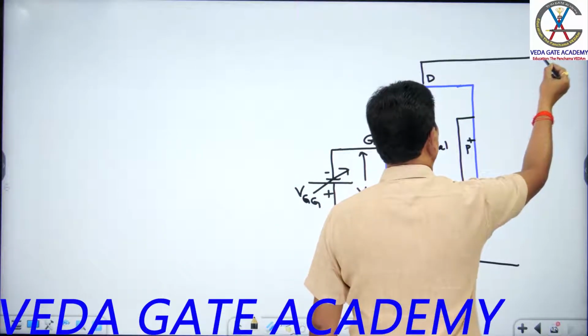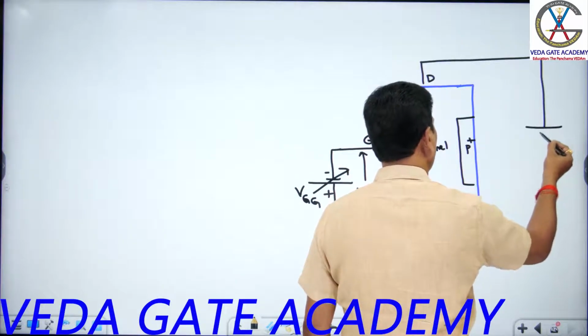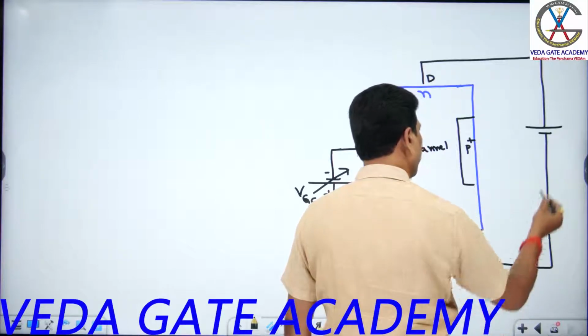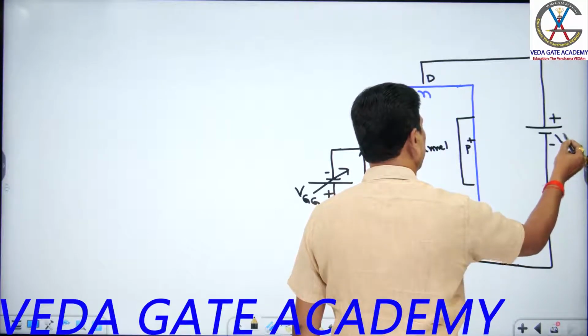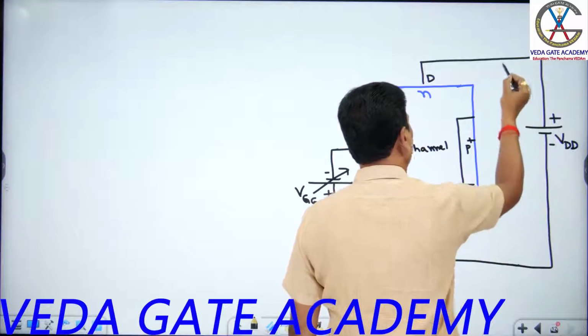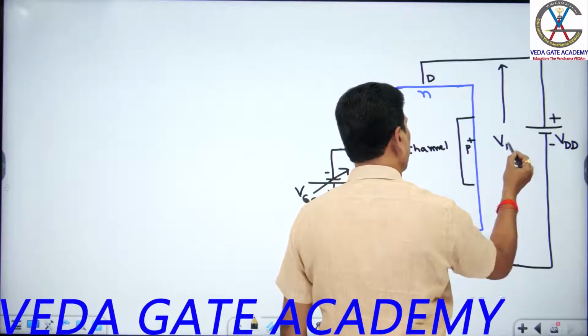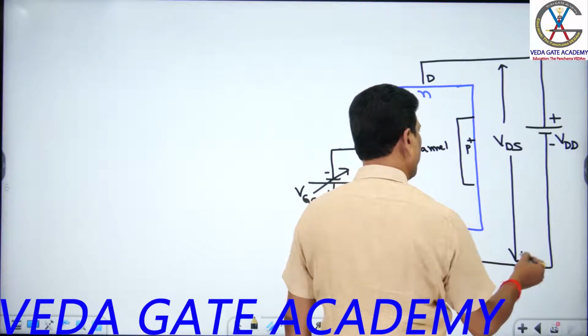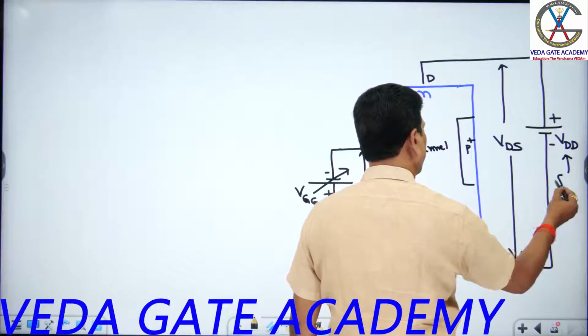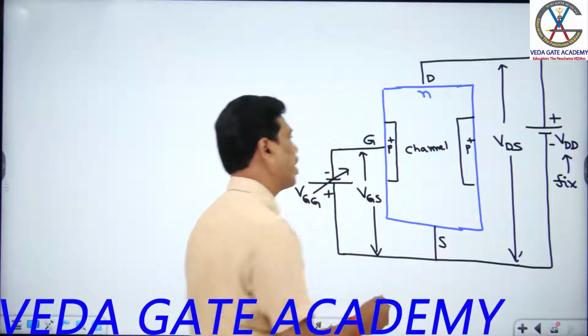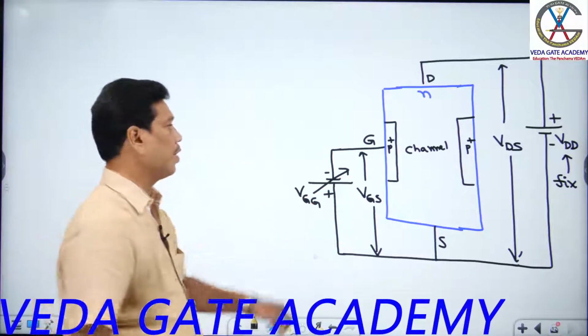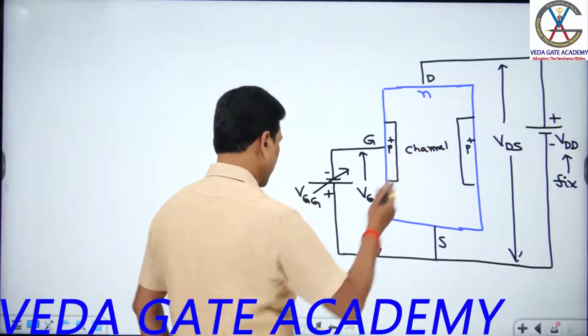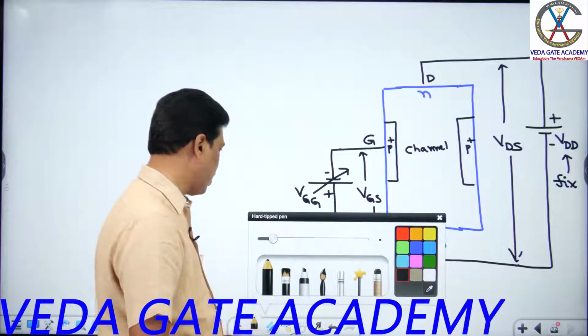In the N channel FET, the drain is made positive with respect to source. So this is the drain supply, students. This is VDS. I told that this could be kept fixed. You know that in this one, the current carriers are electrons, students.